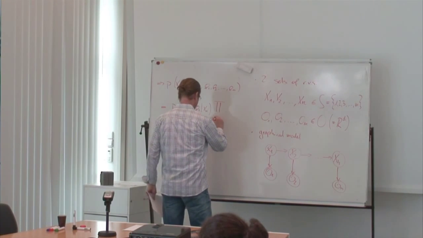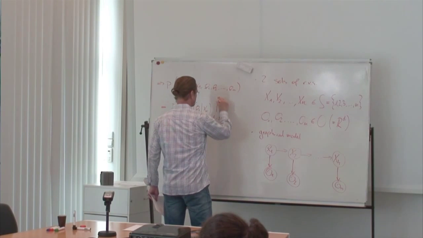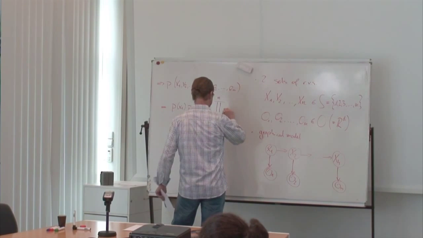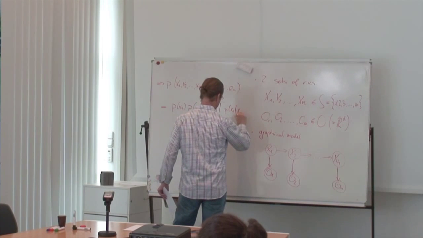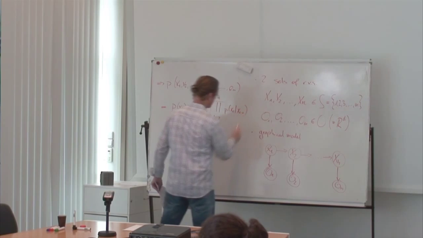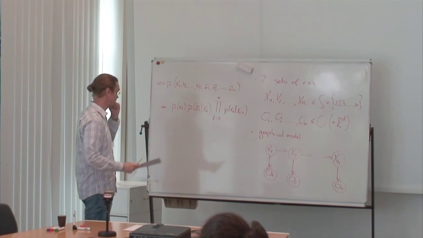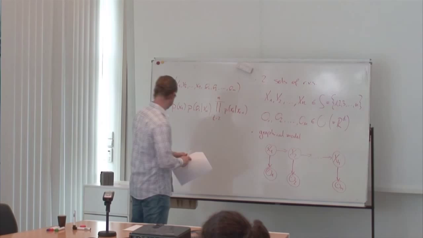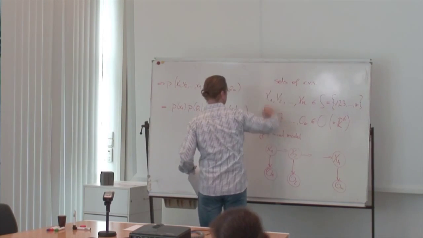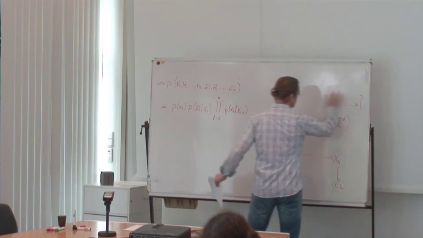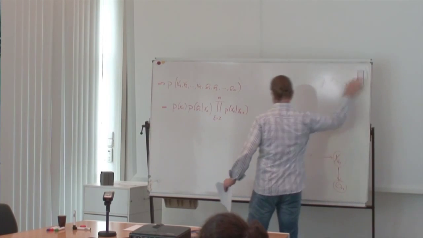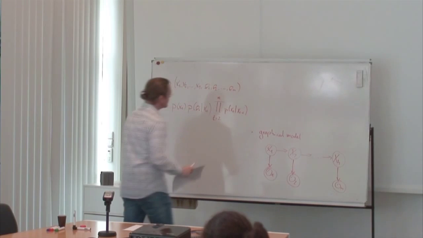So let's make it a product where t ranges from 2 up to n. We have, first of all, the probability of transiting from x_{t-1} to x_t.